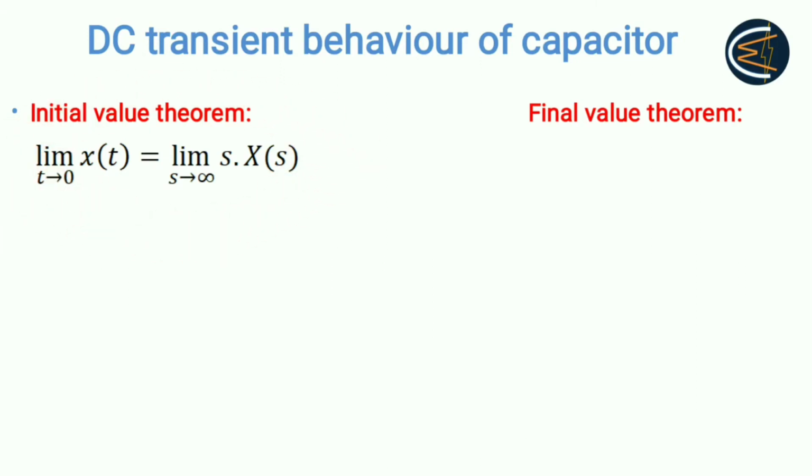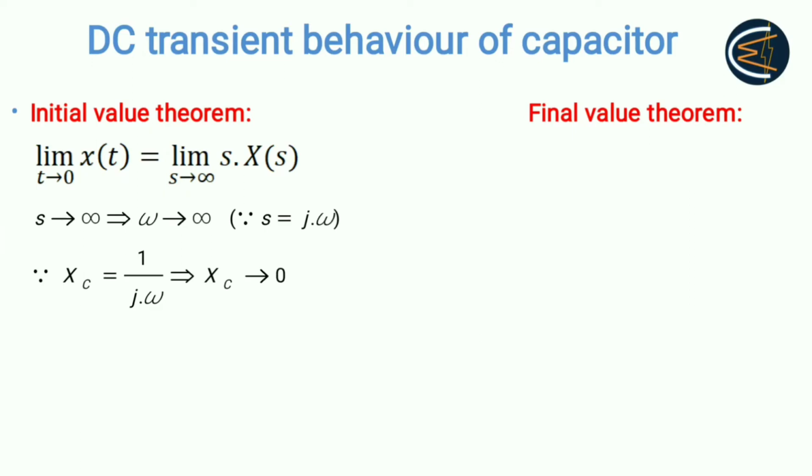lecture. So x(t) is the function in the time domain. As t tends to 0, the limit of the function x(t) is equal to the limit as s tends to infinity of sX(s), where s is the frequency domain variable, and based on the Laplace transform, s is equal to j omega.